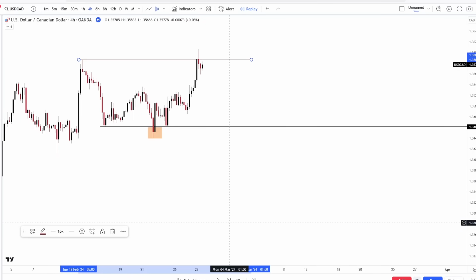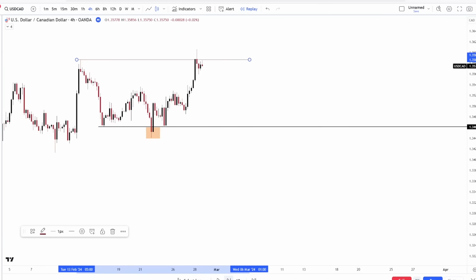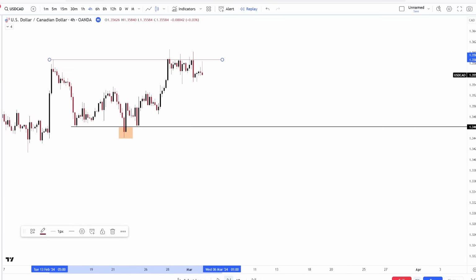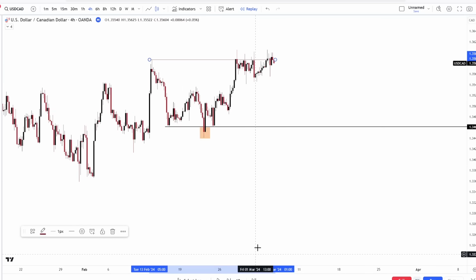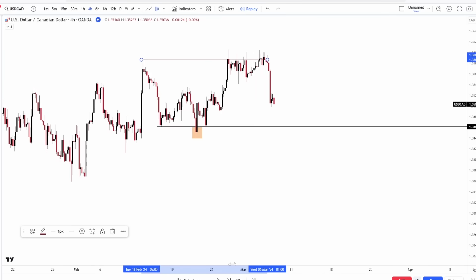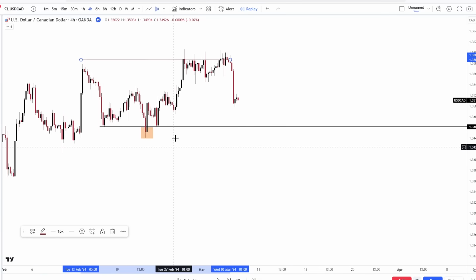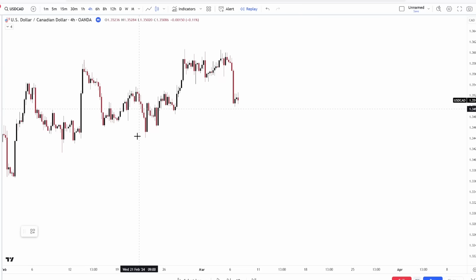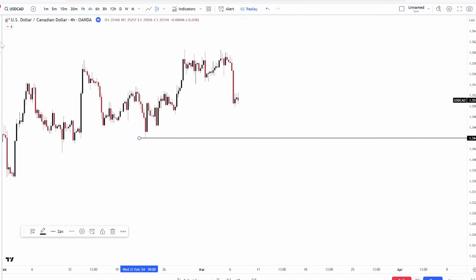So what are we waiting for now? When price comes back inside of the range, let's see if price gets deeper. So now what are we waiting for? Let's clear this up. Where is our swing low? This is our swing low. And this is our swing high. So this is our current range.